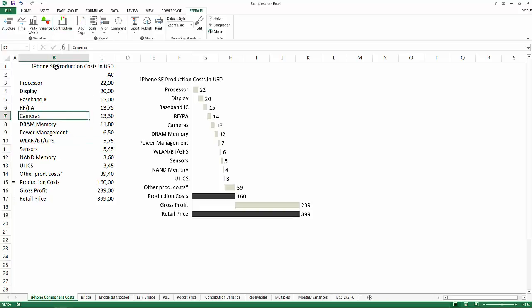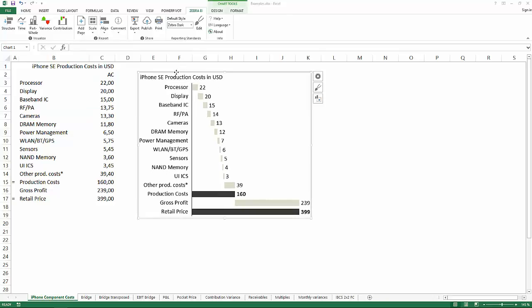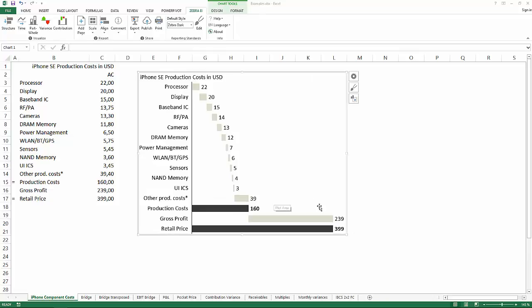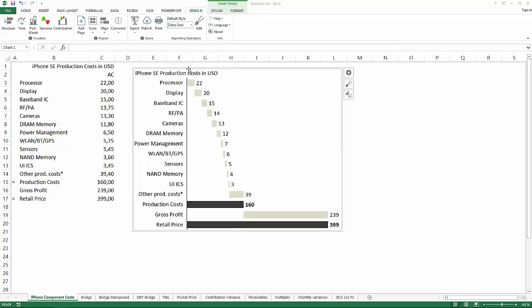This here now is the example of costs, the Apple example from my slide. So you see, with just one click, you get the whole waterfall chart. The elements are adding up, and this is my subtotal here, production costs, and then we have some gross profit and the ending, the retail price. So how does Zebra BI know that this is now a subtotal?